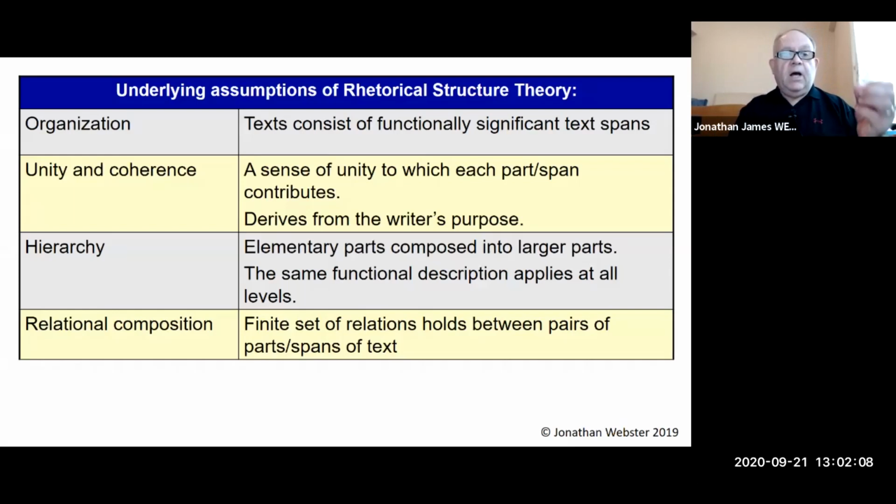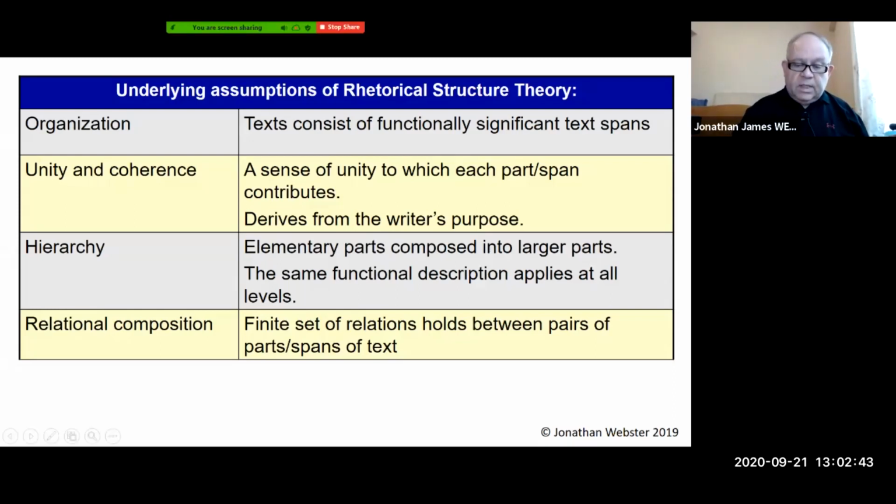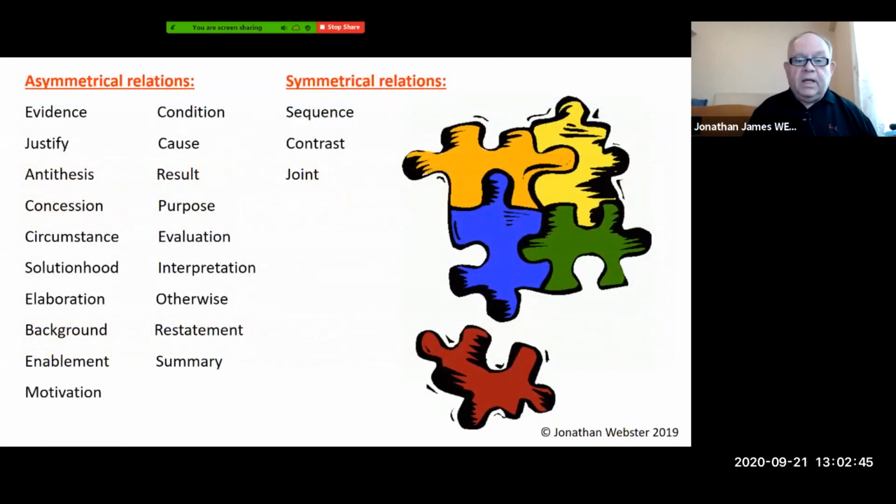And the next thing is how you analyze a text into its coherent structure. And I've talked about rhetorical structure theory. I've given you a link before for a website that basically gives examples, more examples, and more discussion about the theory itself. And I've also put on Canvas a list of the relations, because there are these relations that make up the rhetorical structure.